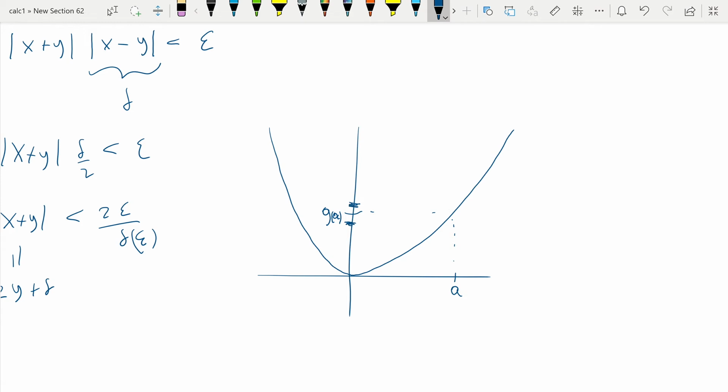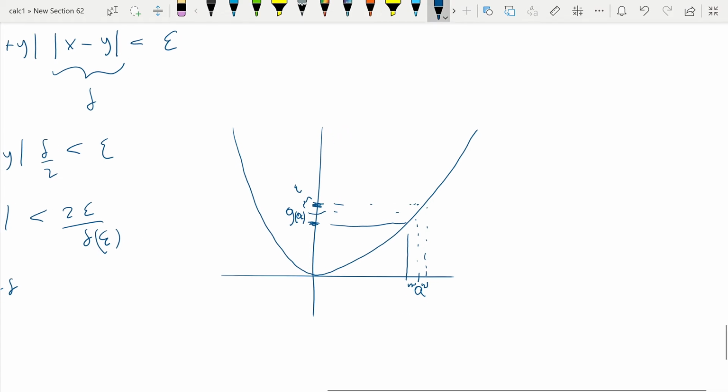So if you prescribe this distance here to be epsilon, then you want to go back here in the graph and be able to say that there is a neighborhood of A like this, and this is actually our delta.